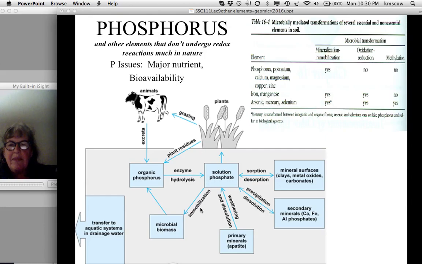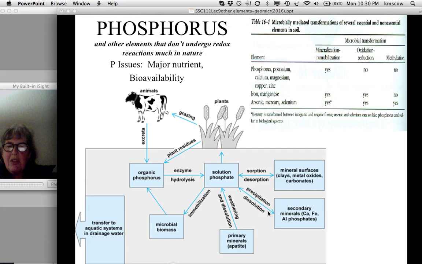So when we look at phosphorus dynamics in soil, we really aren't looking at it cycling between different forms of phosphate. We're mainly looking at organic phosphorus mineralizing to phosphate in solution or being taken up. And then phosphate is just game for all kinds of interactions with different components of the soil. So there could be sorption, desorption of it with mineral surfaces.